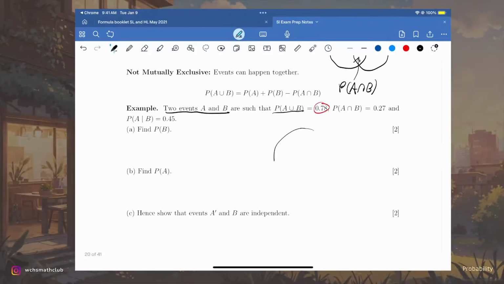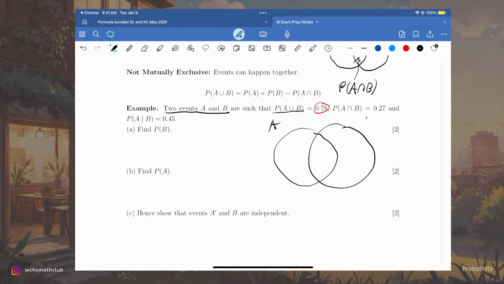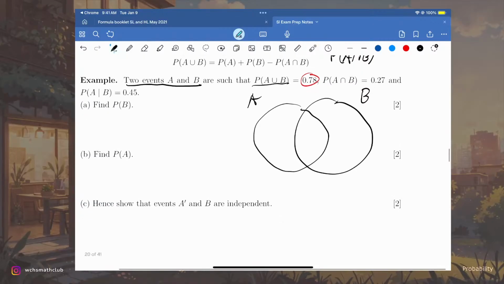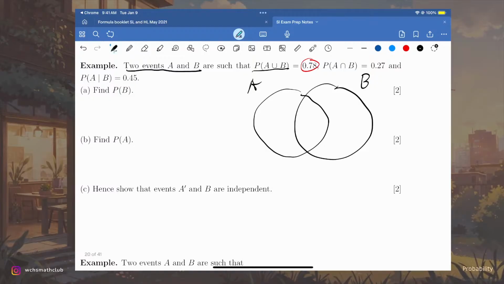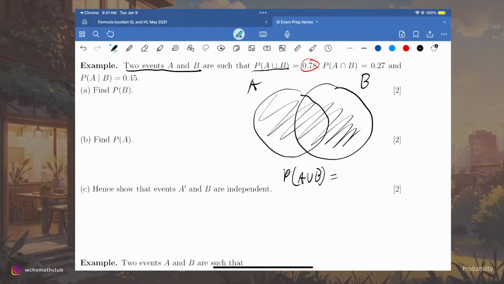So we're going to draw two events, A and B. A union B is equal to 0.78, so this entire block, all of this is A union B, and that's equal to 0.78.